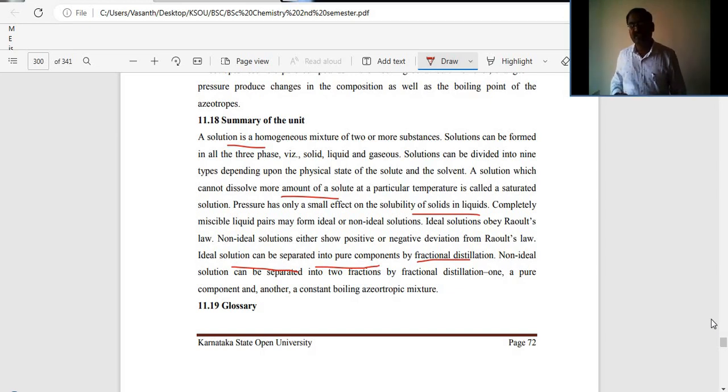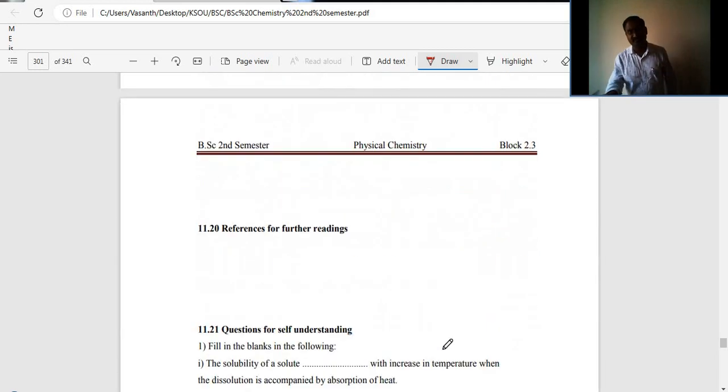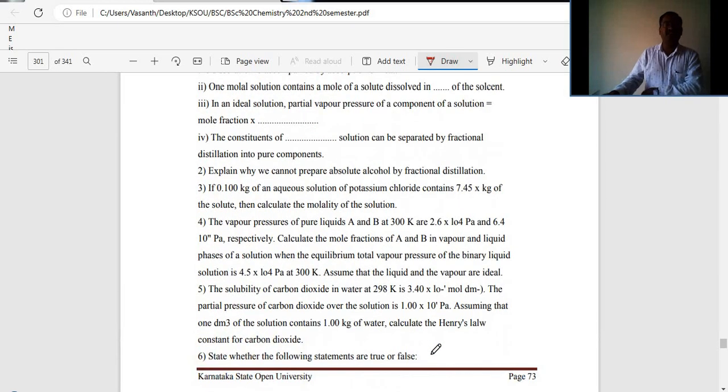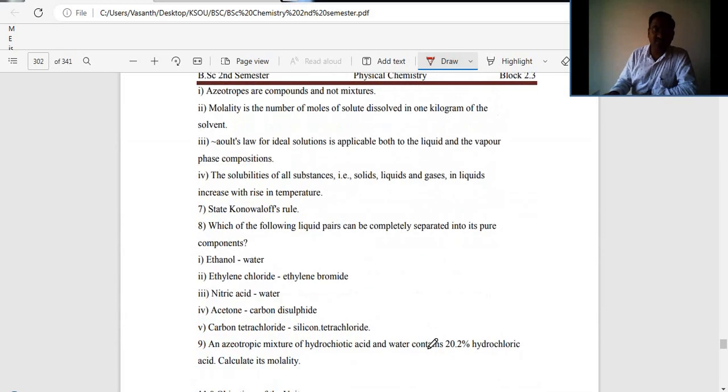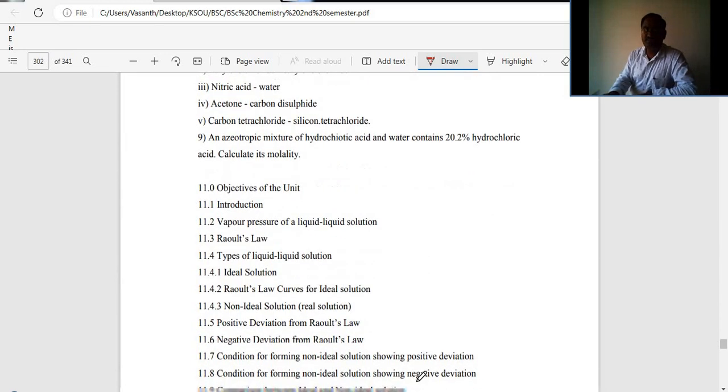Non-ideal solutions can be separated by fractional distillation into two fractions: one a pure component and another a constant boiling azeotropic mixture.